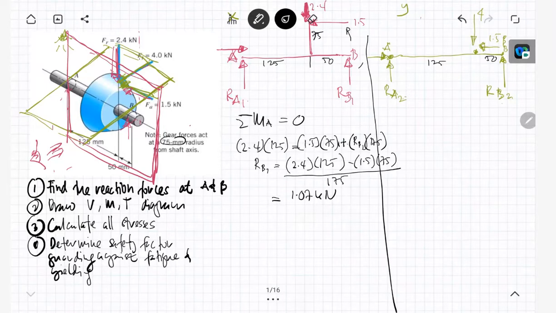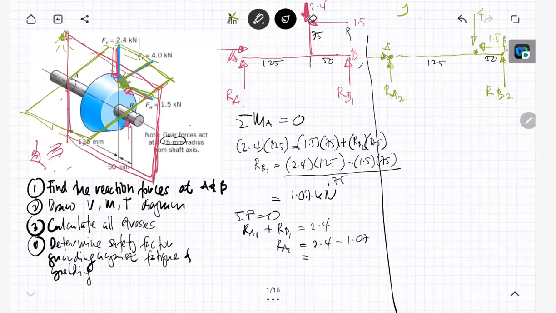So kemudian, the next one is RA1. So go to 0. So RA1 plus RB1 equal to 2.4. So you akan dapat RA1 equal to 2.4 minus 1.07.